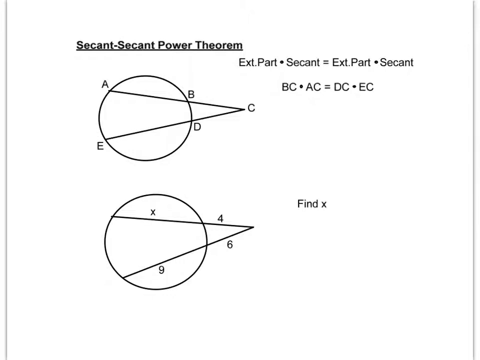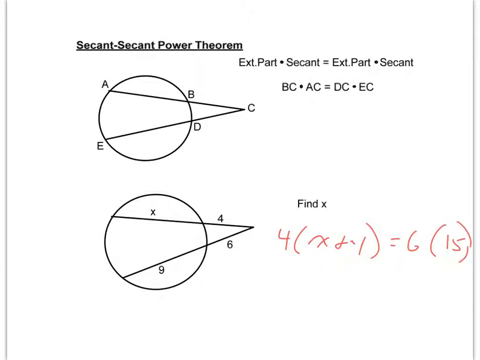So in this piece right here, 4 times x plus 4 is equal to 6 times 6 plus 9. To find x, I'm going to write that out: 4 times x plus 4 is equal to 6 times 6 plus 9, which is 15.